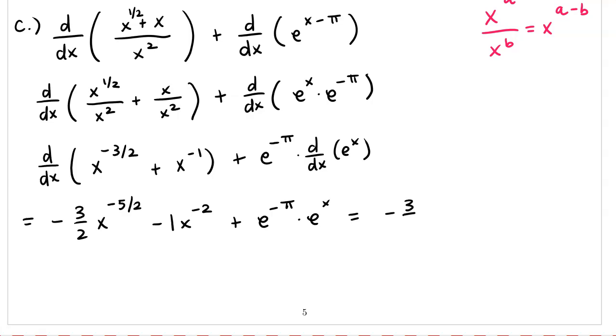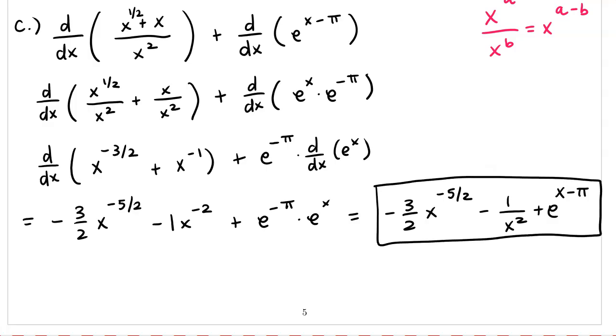So we have negative 3/2 x to the negative 5/2 power minus 1 over x squared, and then plus e to the power of x minus pi. And there's our final answer for part C.